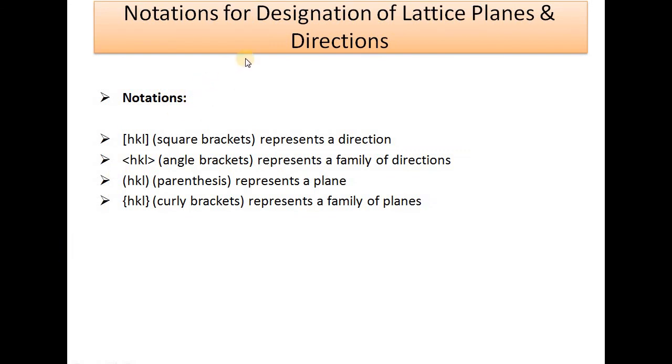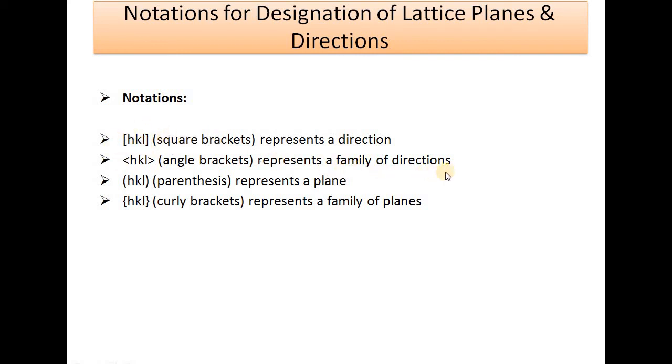Now, what are the various notations for designation of lattice planes and directions? Till now we have studied all about lattice planes, directions, families of planes, and families of directions. So what are the various notations we have used here? In the case of a crystallographic direction, we have used Miller indices enclosed in square brackets.